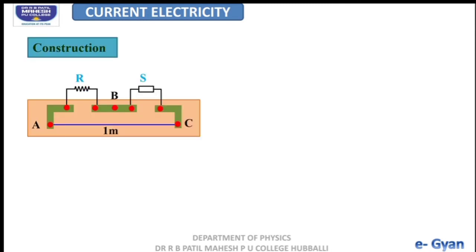Construction. This is the arrangement of the meter bridge, and we have three metal strips, and out of these three, two of them are L shape.